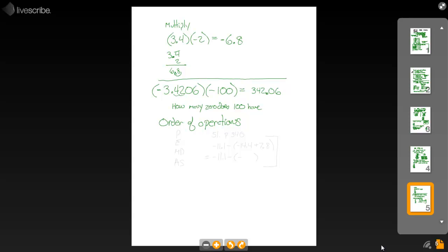There's one, number 81. Okay. I want you to give it a try. But you got to follow order of operations just like before. Order of operations said parentheses, exponents, multiply, divide, add, and subtract.